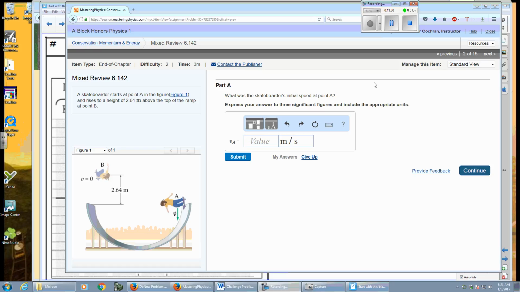What has to be true for that to be the highest height? Their velocity has to be 0. What else would be maximized at that point? Potential energy of gravity.